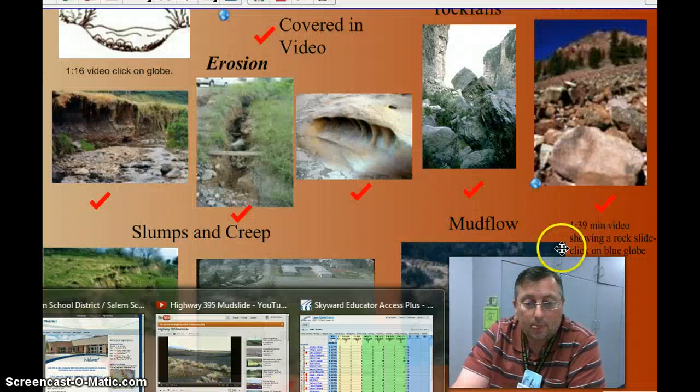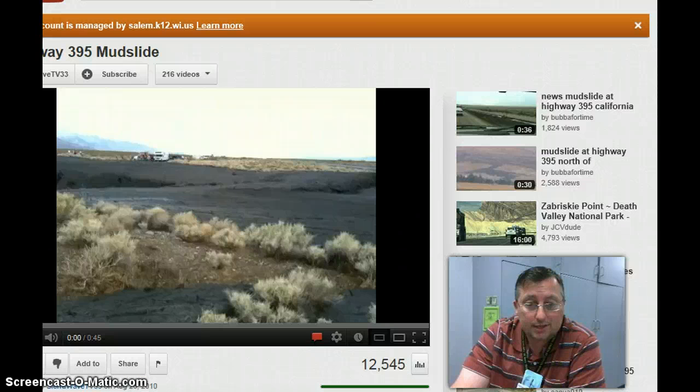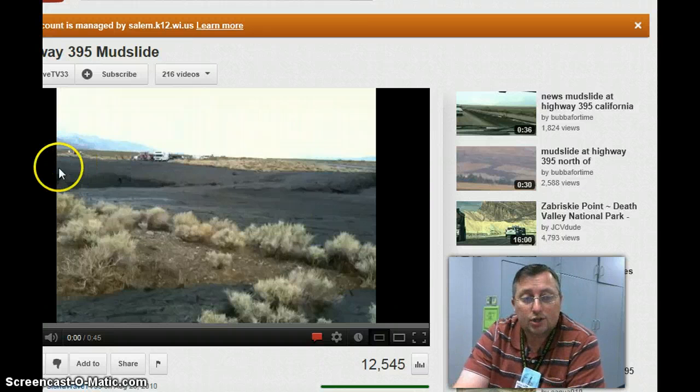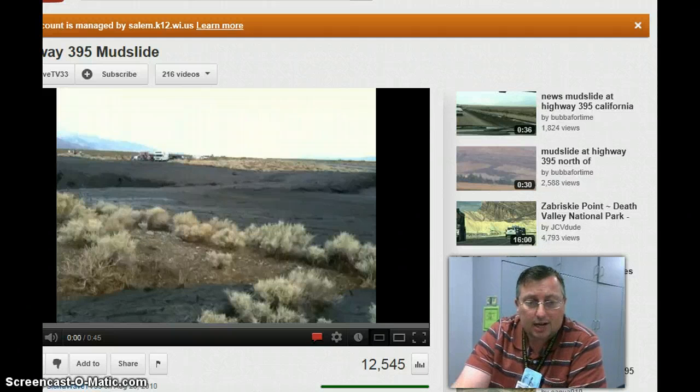Here it comes. Now if you look at this, once I hit play, this whole area right here is mud that's being washed down from the mountains in the back. You can kind of see them in the background. Just got a lot of rain in an area in a short amount of time, and watch what's happening here.